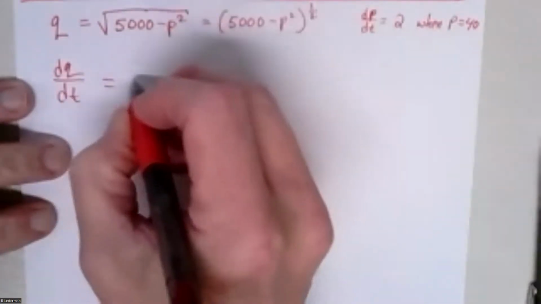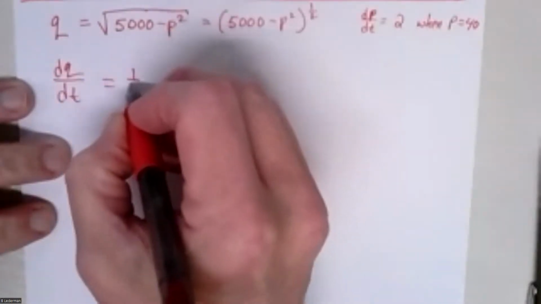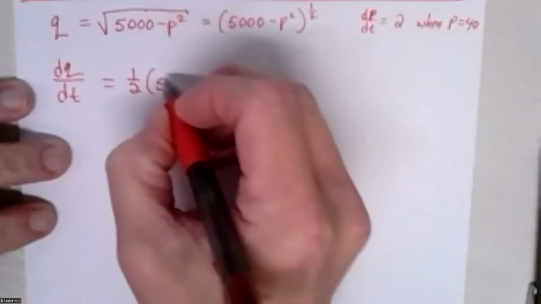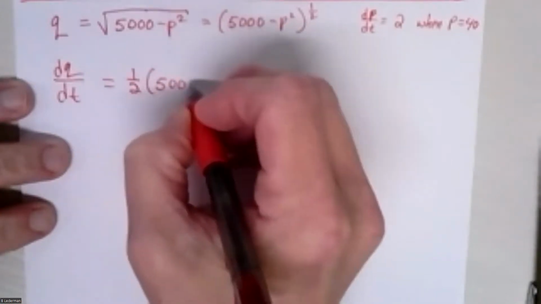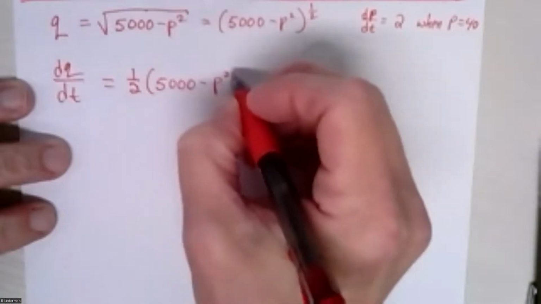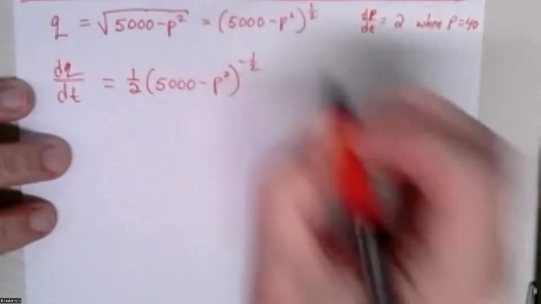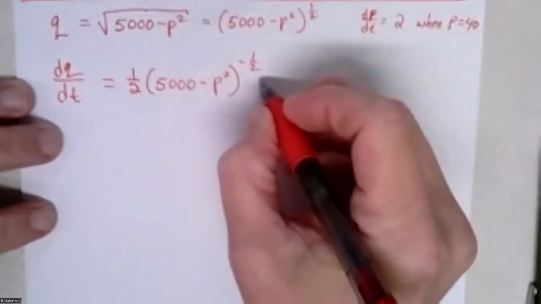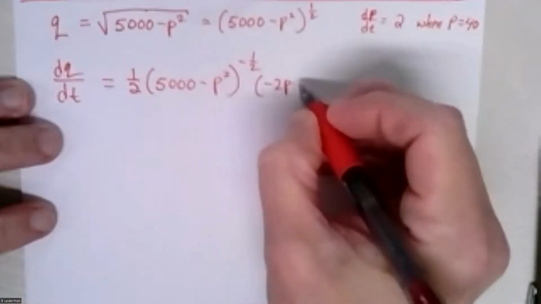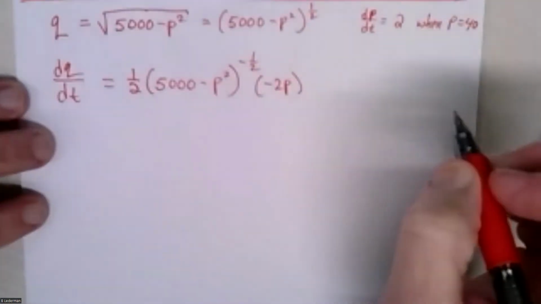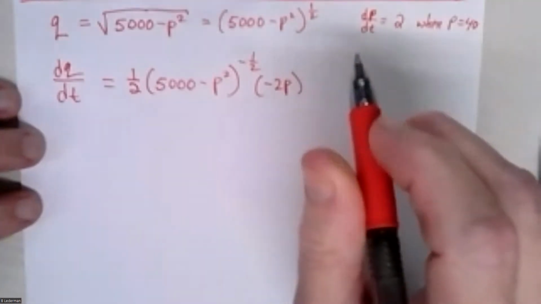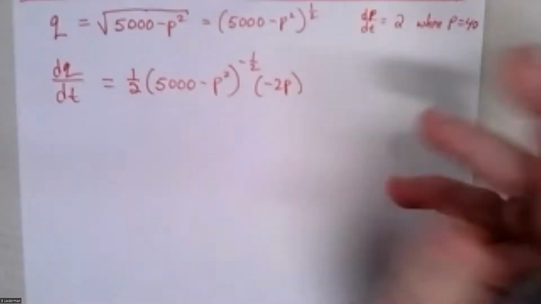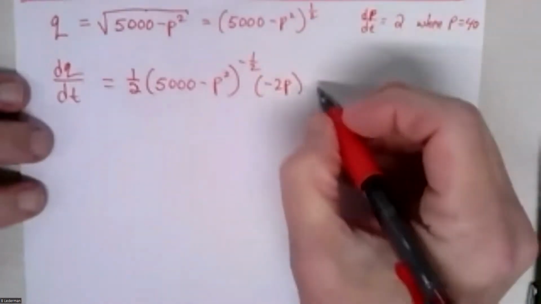is going to equal 1/2 times 5,000 minus P squared to the negative 1/2 power times the inner derivative, which is negative 2P, and times, if you will, the inner derivative, which is dP/dt.